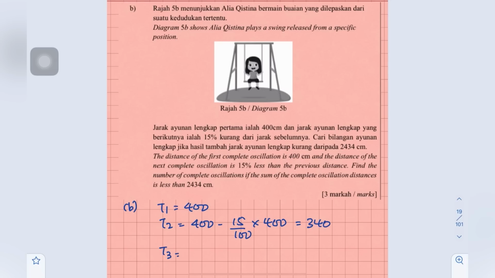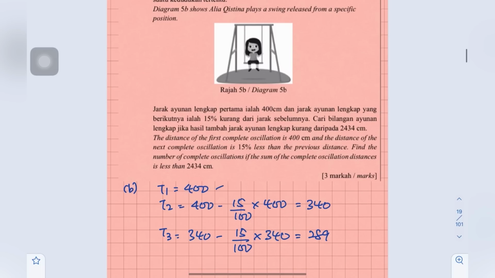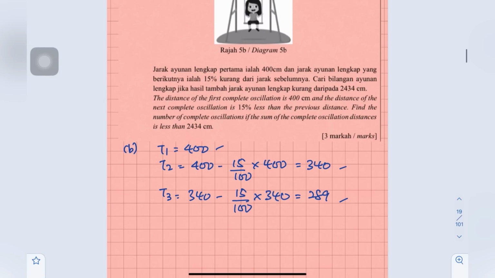Then T3 is 340 minus another 15%, so 15 over 100 times 340, which equals 289. From T1, T2 and T3, we know this is a geometric progression with R equals 0.85, by dividing 340 by 400 or 289 by 340.